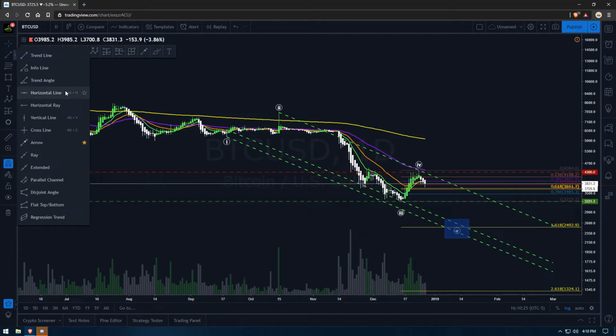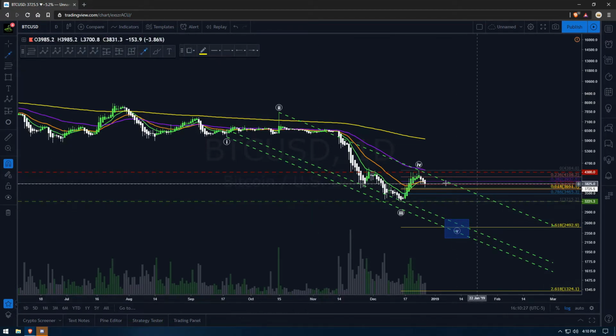Another part of Elliott wave is it having the right look. So if you draw an arrow from here down to illustrate what wave 5 would look like from this, it looks correct with how an Elliott wave should be.